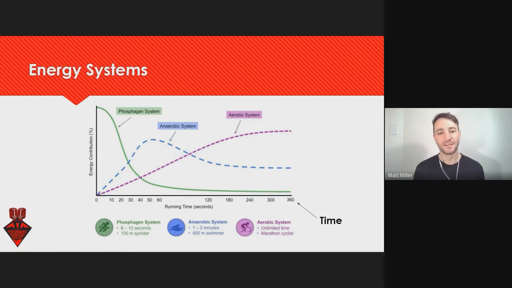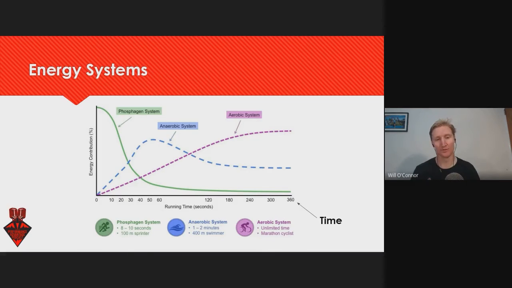Well, I think everyone is in a way, because all these energy systems are all working a little bit at any given time. But unless you're a pure sprinter, the PCR phosphagen system doesn't last a long time, so it doesn't matter a ton.